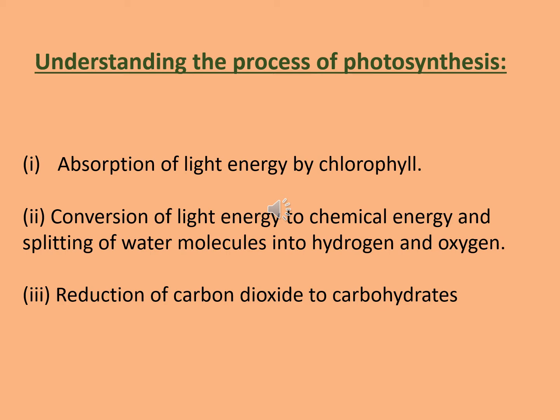So if we sum up the entire process of photosynthesis, we can easily make out three major events in it. The first event is the absorption of light energy by the pigments, basically the chlorophyll.